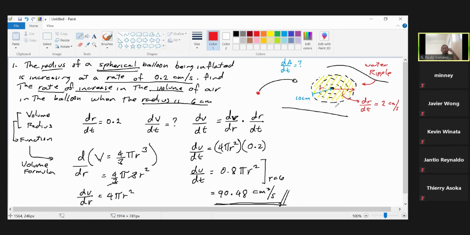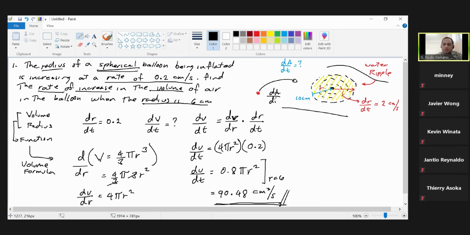Can you get a diagram? So we are looking for dA/dt and we have dr/dt, but what function relates the two? We need to find dA/dr.